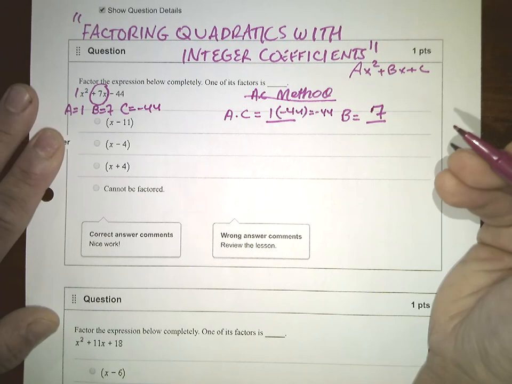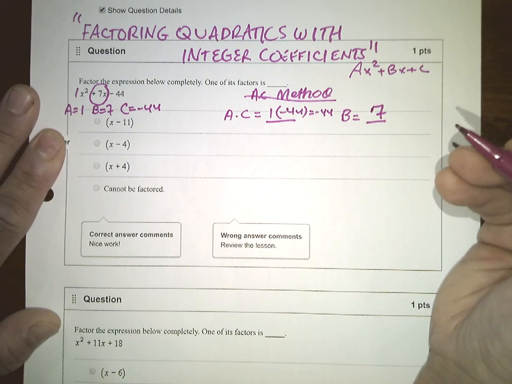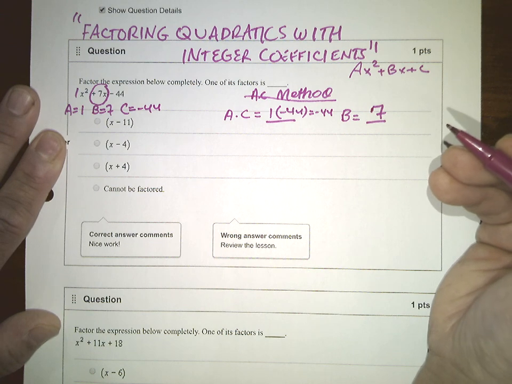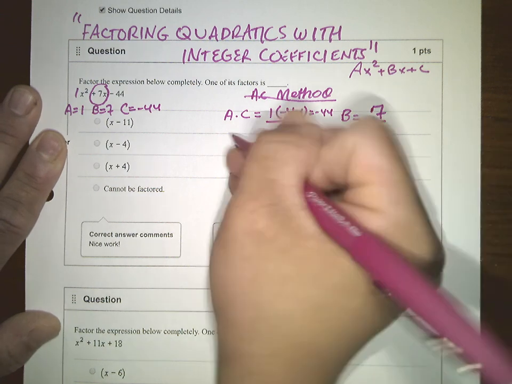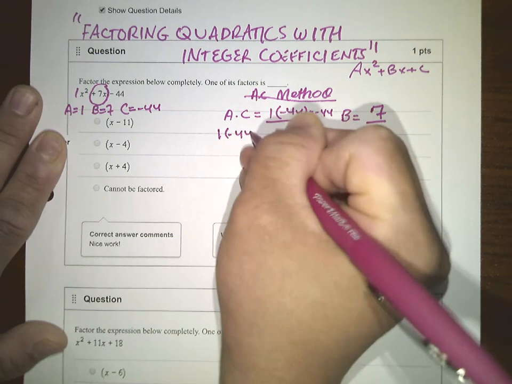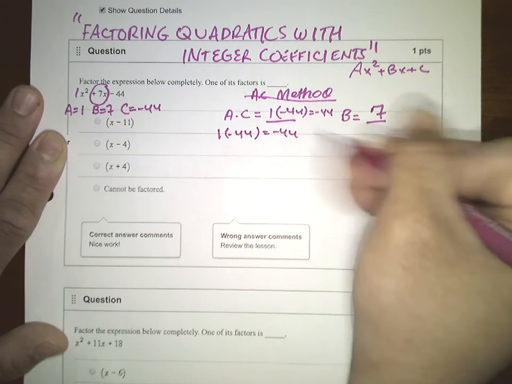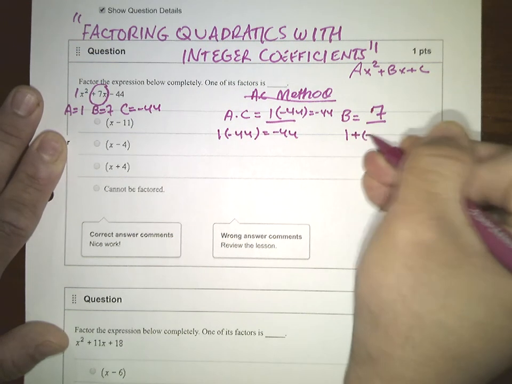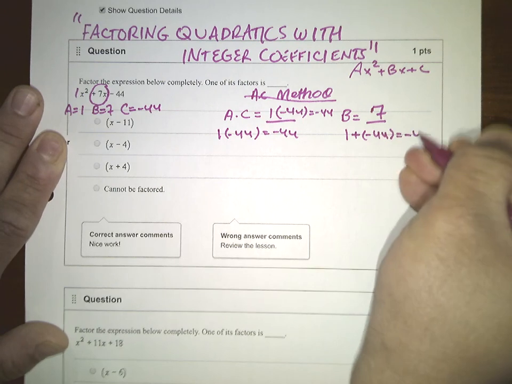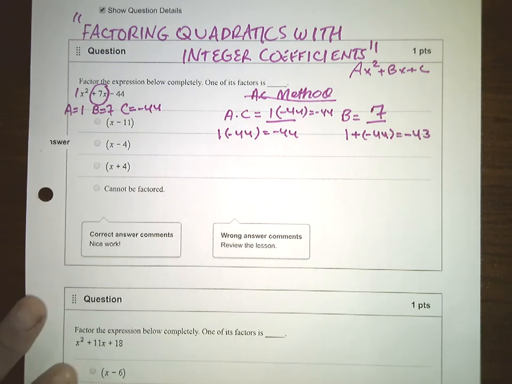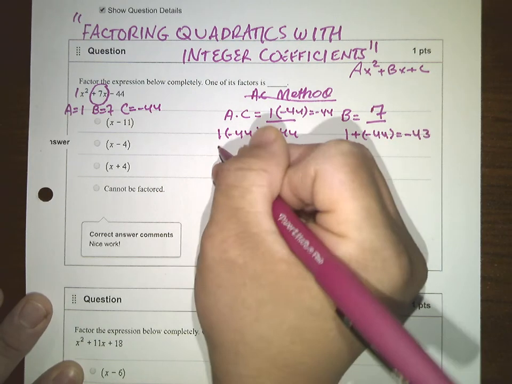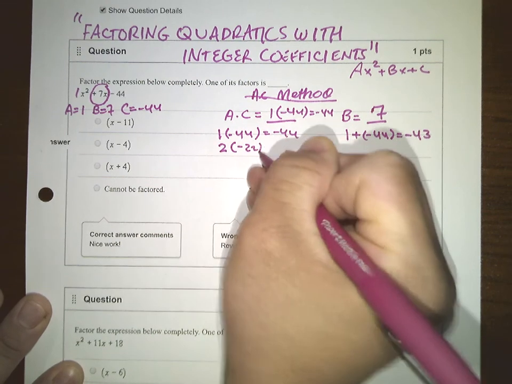All right, so we need to figure out what numbers multiply together to get negative 44, but add together to get 7. So 1 times negative 44 was negative 44, but 1 plus negative 44 is negative 43. So that is not correct. All right. So we have 2 times negative 22.